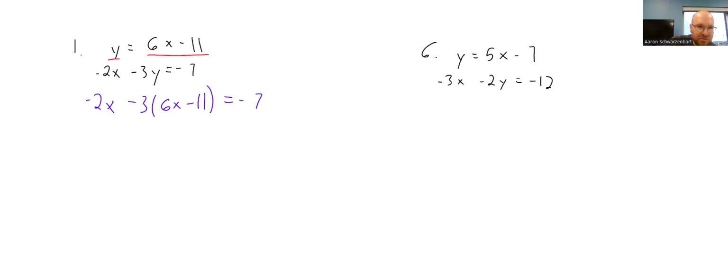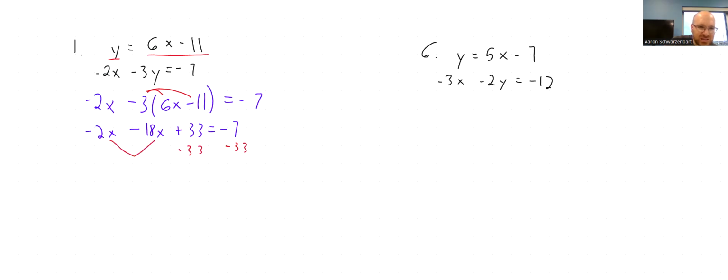Okay. The next thing I will do is distribute. Negative 2x. Negative 3 times 6x is negative 18x. Negative 3 times negative 11 is plus 33. I'm going to do two things right now. I'm going to move the 33 to the other side by subtracting 33 from both sides, and I'm going to combine like terms.